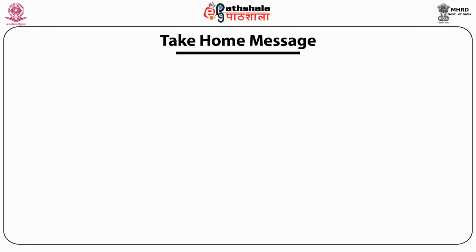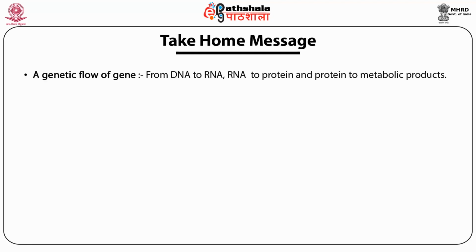So the take home message for the Central Dogma chapter is what we learned: a genetic flow of genes, that is from DNA to RNA and RNA to protein and protein to the metabolic products. Moreover, we also learned today the approach of ancient versus modern central dogma approaches and hypotheses.